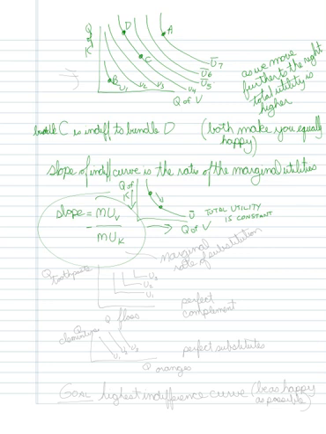This is the formal term that we have for this slope: the marginal rate of substitution. Or basically your willingness to substitute between the two products.